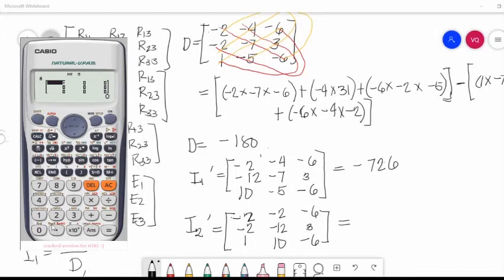Negative 2, negative 2, negative 6, negative 2, negative 12, 3, 1, 10, and negative 6.